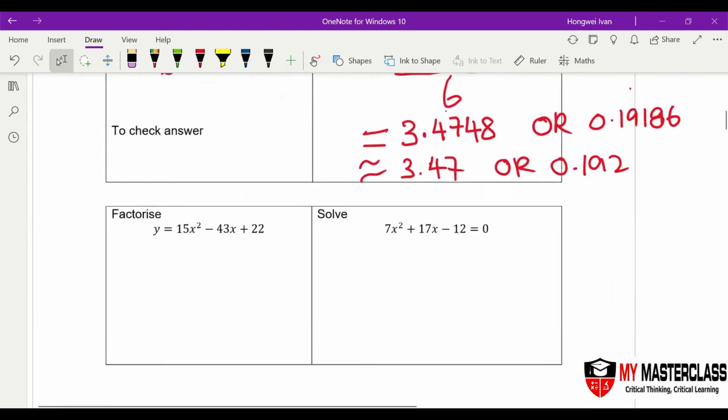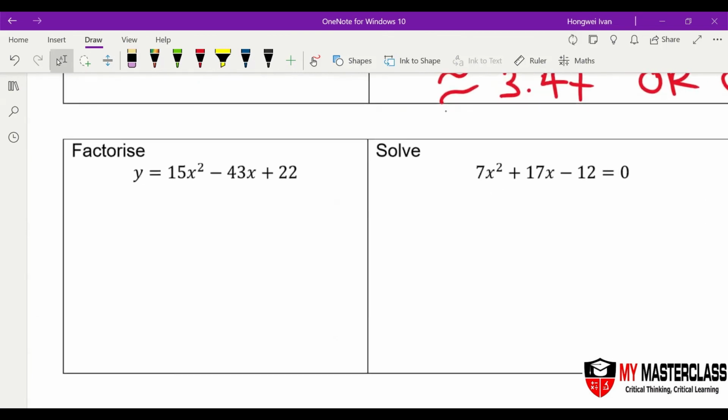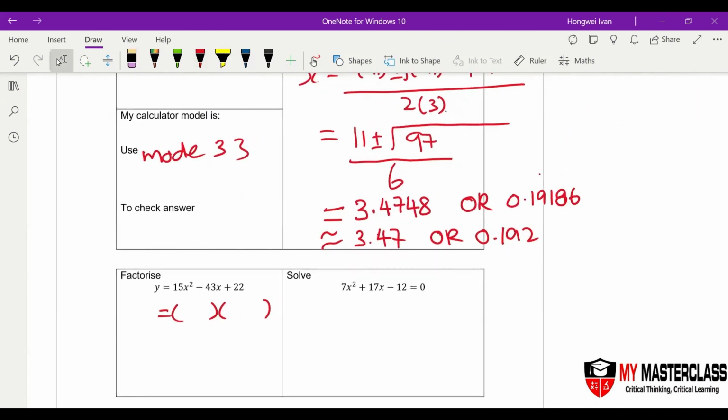So most of you who have been with me last year know that if I want you to factorize, please do not tell me what is x. Factorize means put in 2 brackets. Again, now use your quadratic solver, key in a, b, and c. Okay then, what is the first bracket? 2.2, right?